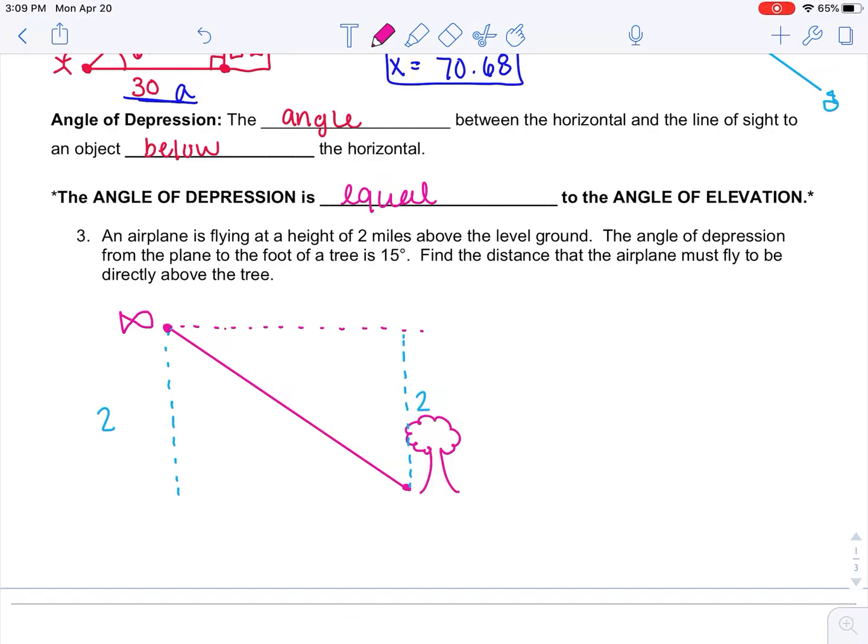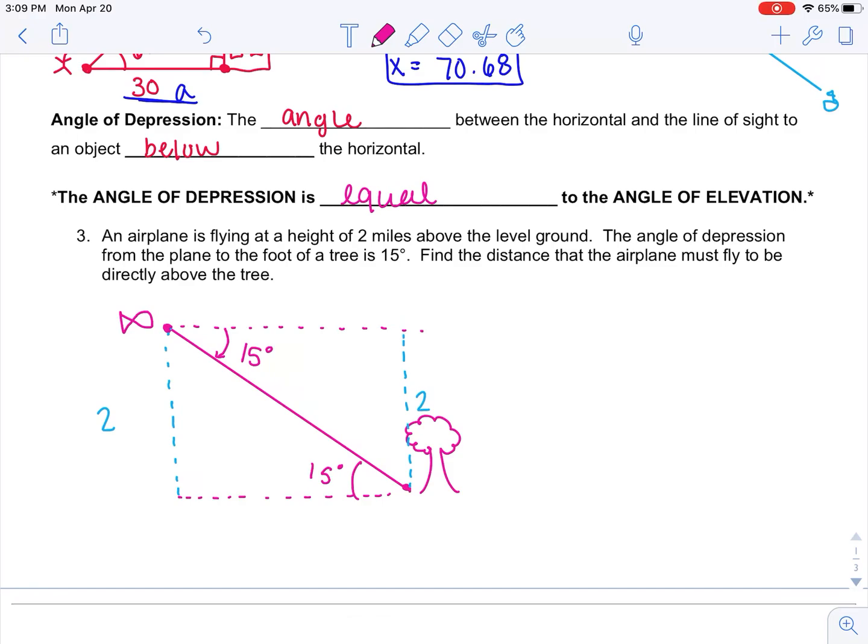So start from the horizontal and go down. That gives us our angle of depression. That is our 15 degrees. But remember, the angle of depression is the same thing as the angle of elevation. So if we want to think about it this way, here's our ground. So we can say from the ground up would be 15 degrees.